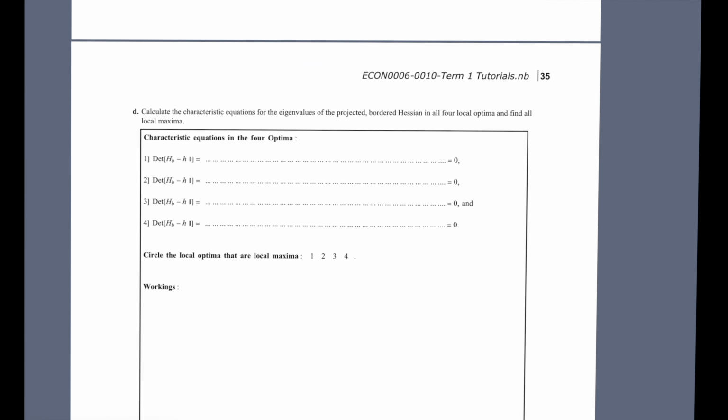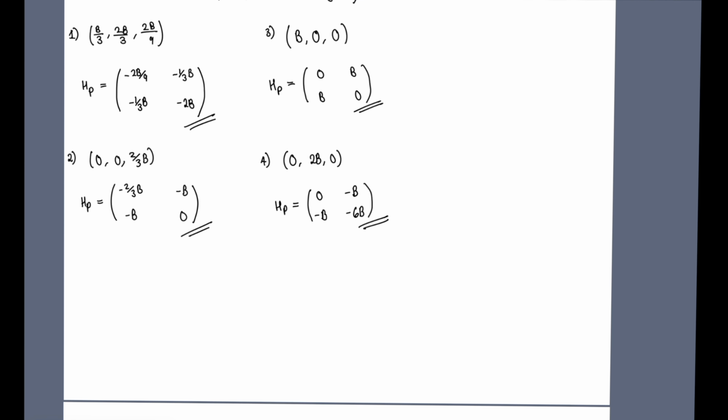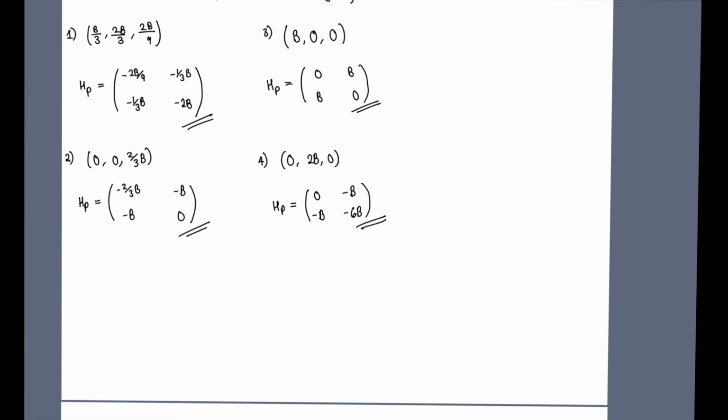So now, part D says calculate the characteristic equations for the eigenvalues of the projected bordered Hessians in all 4 local optima and find all local maxima. So now we have to use the characteristic equations.